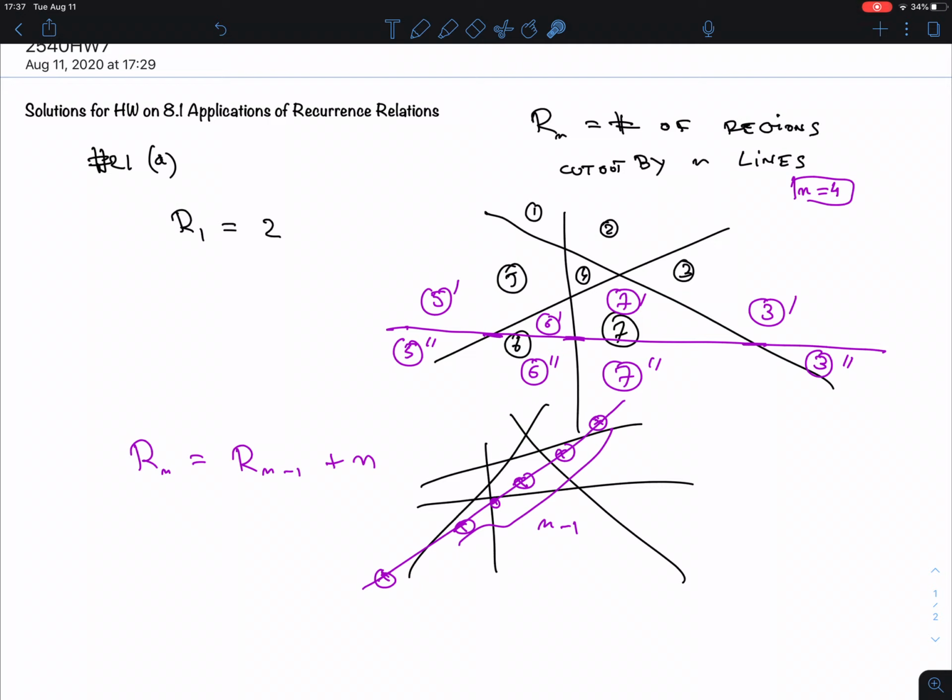So in this case, there were the lines that I called prime. So this is one new one, that's a second, third, and a fourth new one. So that's n new ones, another way of thinking of that. So that's the relation. And we have also the initial condition already, right? Yes, that's the initial condition.